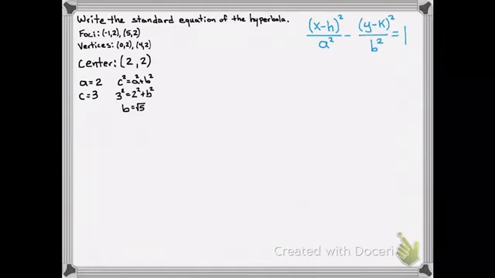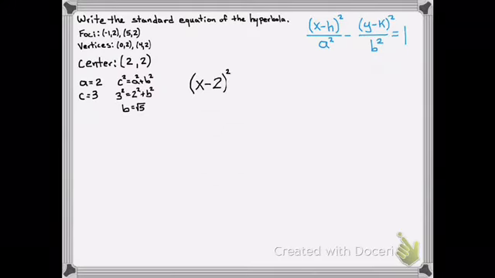So now I have all the pieces of information that I need to write the standard equation of this hyperbola. All I need to do is plug in all that information. I know from my blue equation that it's going to start with x minus h. h is 2 because h is the x value for the center. So x minus 2 squared over a squared, and a is 2, so 2 squared is going to put us at 4 there.